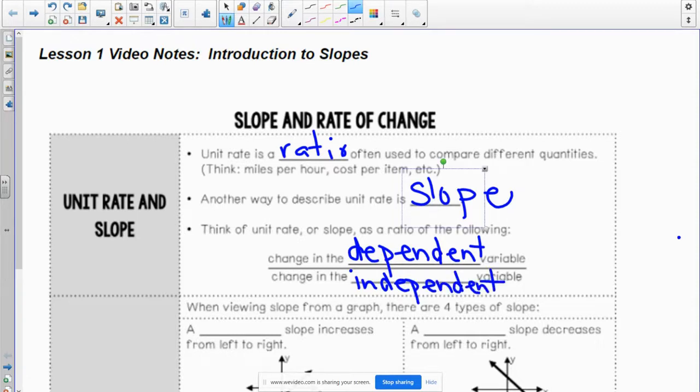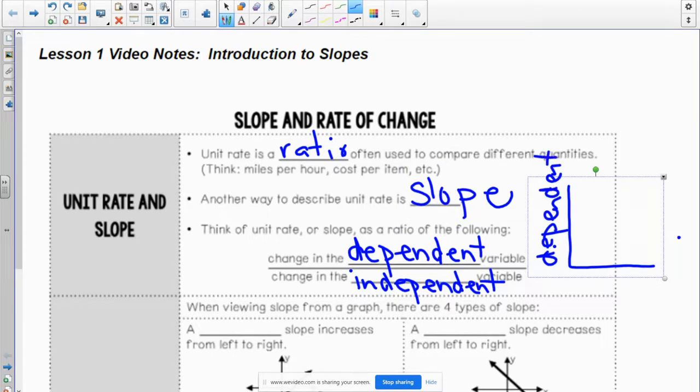Okay, so the dependent variable, if you remember, if you look at a graph real quick, here is your dependent variable. It's on the y-axis. And then your independent variable is on your x-axis.